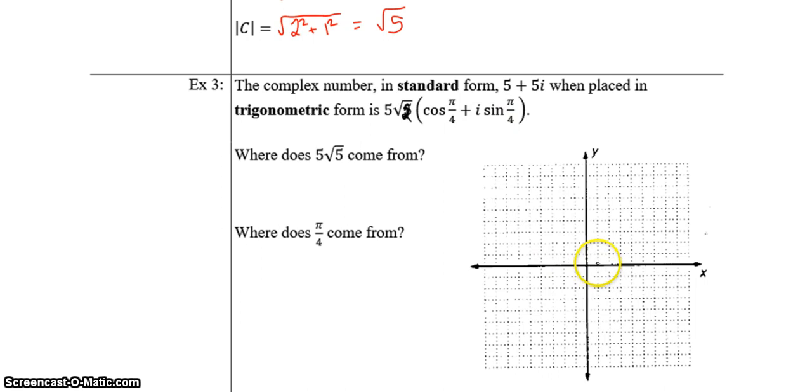Well, let's see, where is that? 5 square roots of 2, where is that? Right there. So that's where this point is placed.